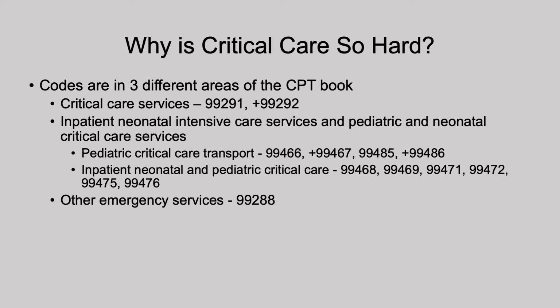Now within this section, there's a section for pediatric critical care transport and inpatient neonatal and pediatric critical care. So this is a separate section. Finally, there is one other code in the other emergency services section, 99288.